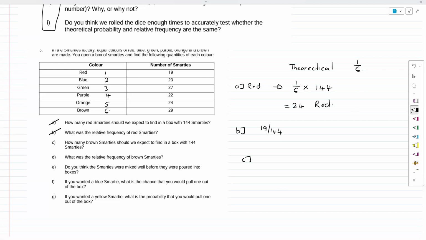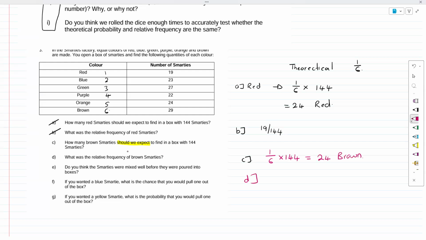If we go with how many brown Smarties should we expect in a box of 144? The word should we expect means theoretical, okay? And this is the exact same thing. Theoretical probability, there's only one brown color out of 6 times 144, and that equals 24 brown.